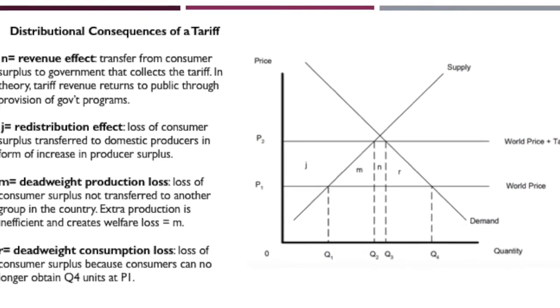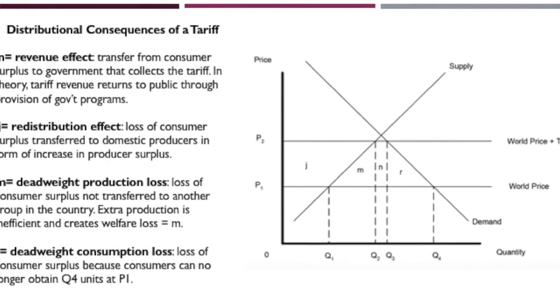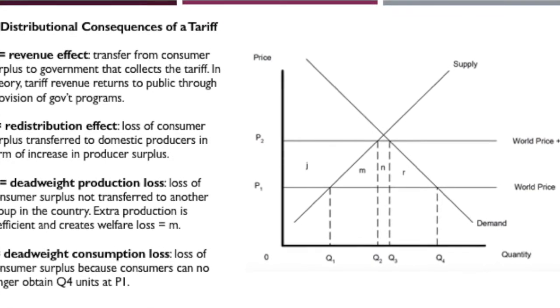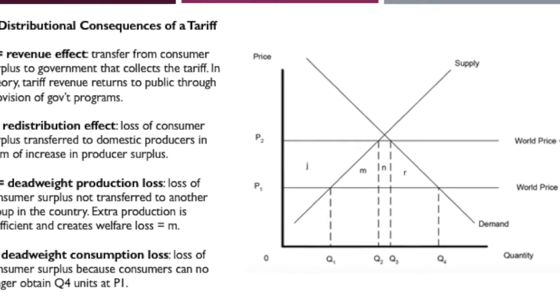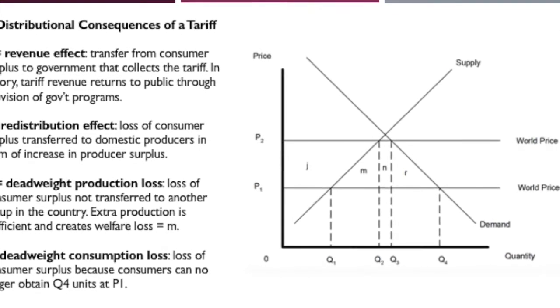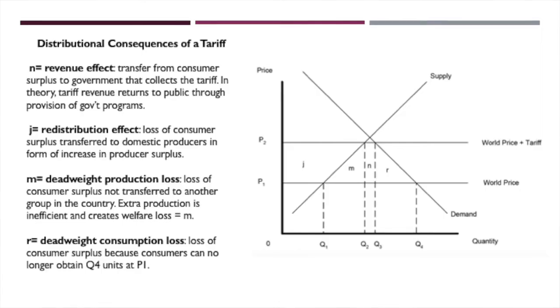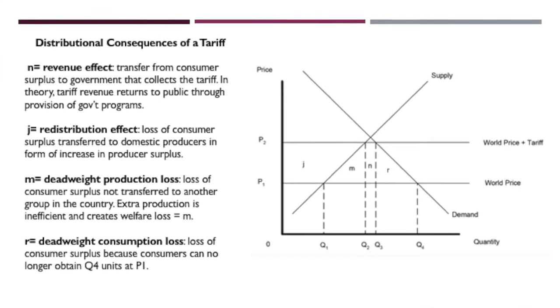We may be able to produce them, but we do not produce them the most efficiently. And so that is a deadweight inefficiency loss, in a sense, this area M, a deadweight production loss. Area R is a deadweight consumption loss. You and I, as domestic consumers under the tariff, we're no longer going to be producing or consuming quite as much stuff. And so that area R is a loss.